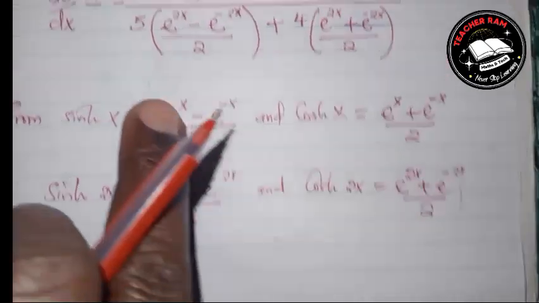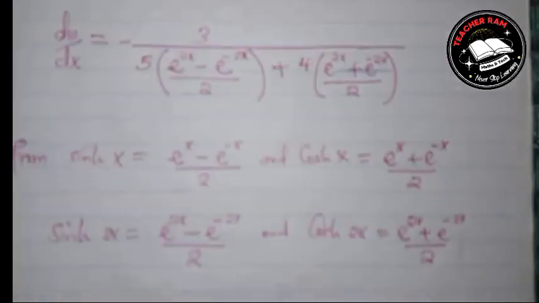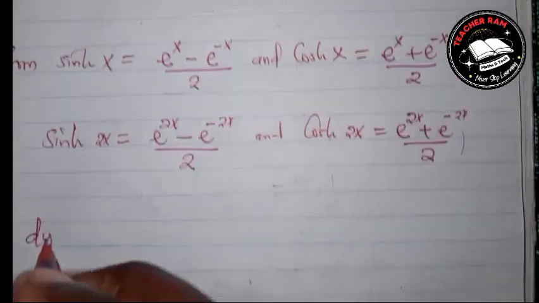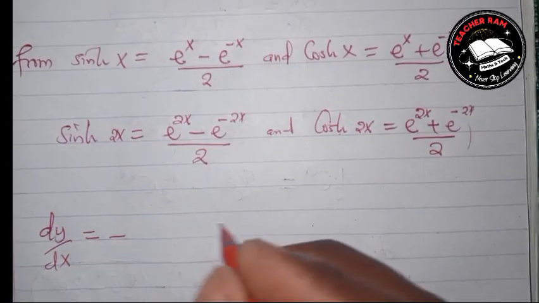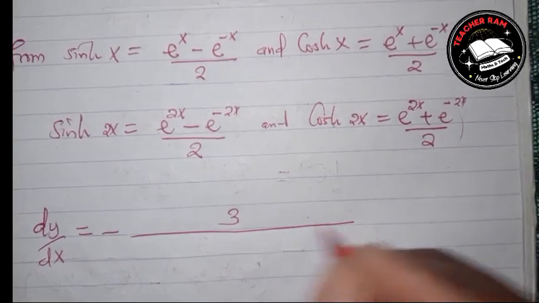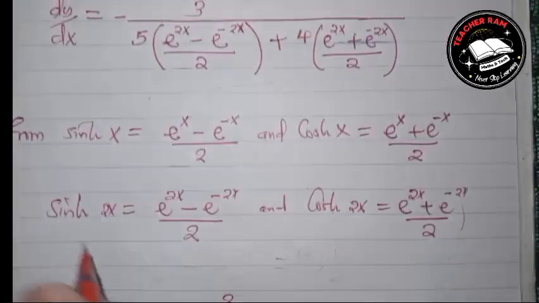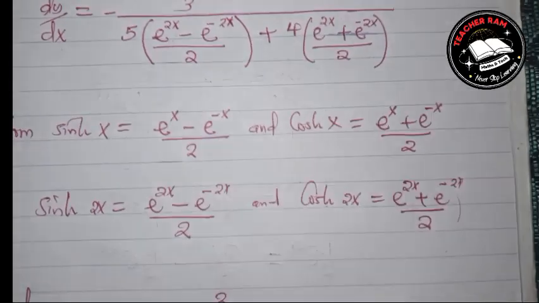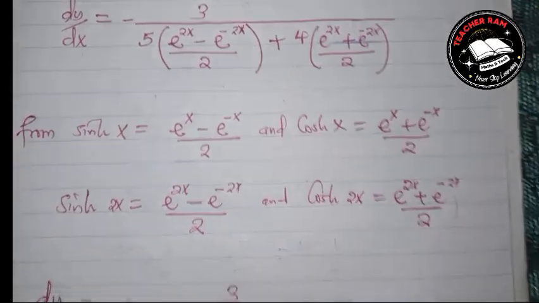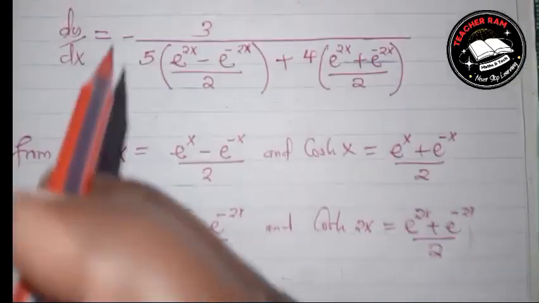So substituting this into this equation, we get the derivative of y with respect to x equals negative 3 over, remember here we have 5, so it will be 5, and what is this?